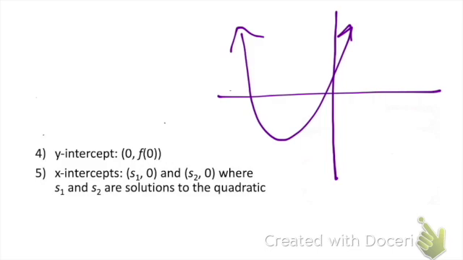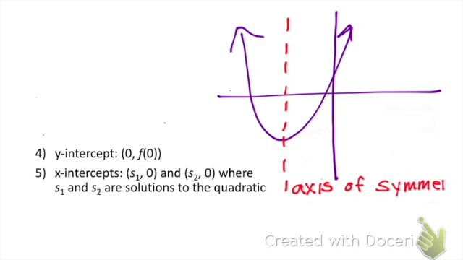We know that our axis of symmetry is that line that goes straight down the middle. So if I were to fold it over, it would be the same on both sides. So the axis of symmetry is the equation x equals negative b over 2a.